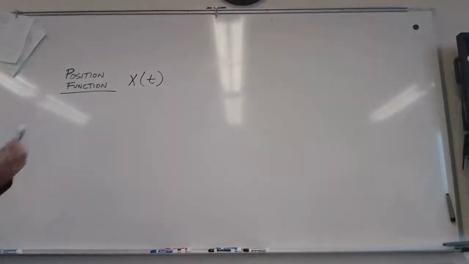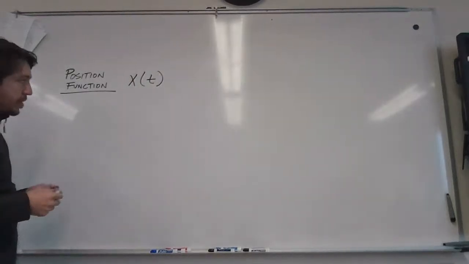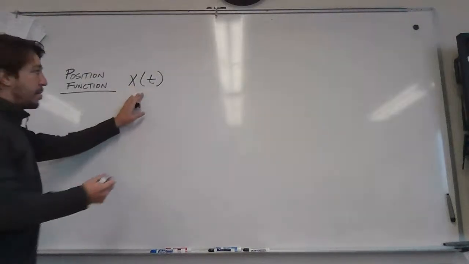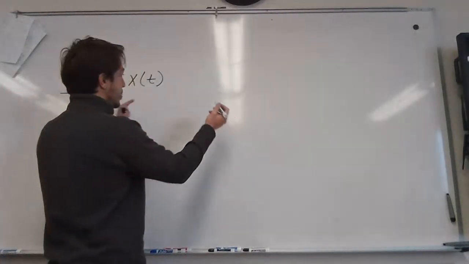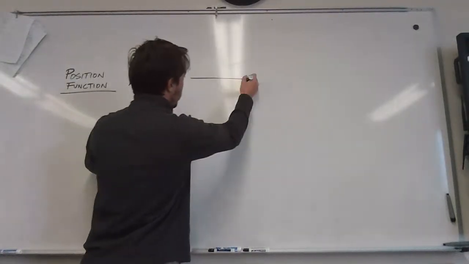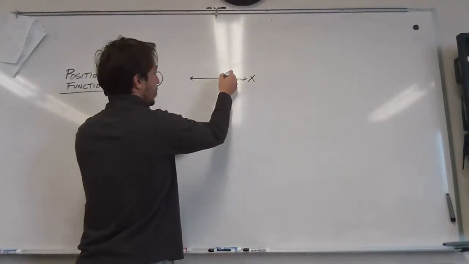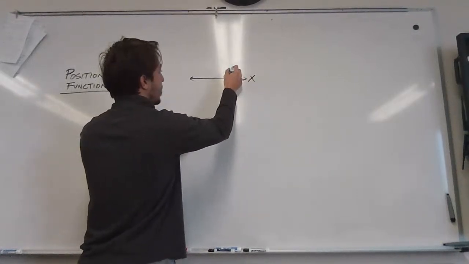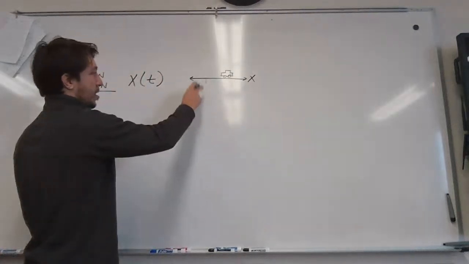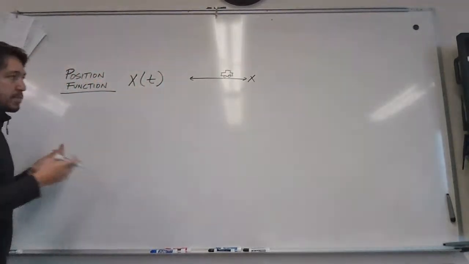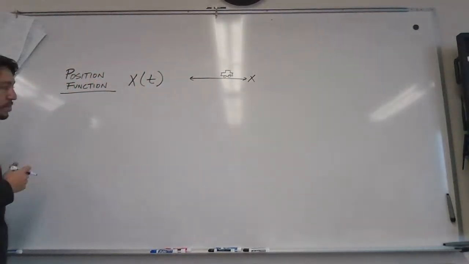It could certainly be y of t, something like that, but you get the idea. For our purposes, most of the time it'll be some particle or an object traveling along some x-axis. It could be like a little car or something, however you want to think about it. But basically the car's position depends on time.